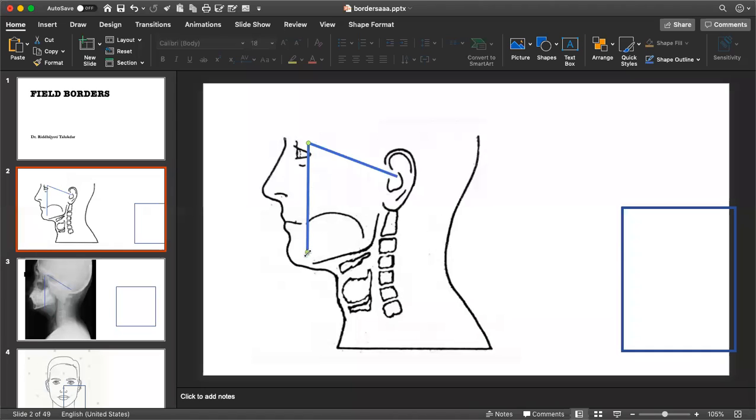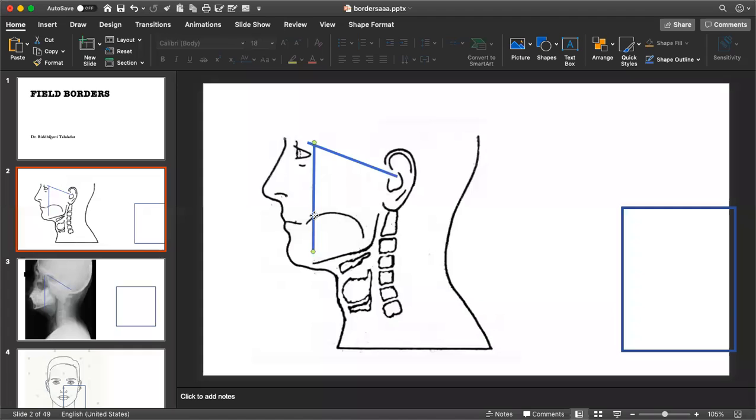But we know it's a divergent field, so whenever it exits from the other side, it would give a good amount of dose to the lens of the opposite eye. That's why you would be angling it posteriorly by 5 degrees, and that would safely save your opposite eye. But as far as the border is concerned, the border is the same. It should be behind the lateral canthus of the eye, right?